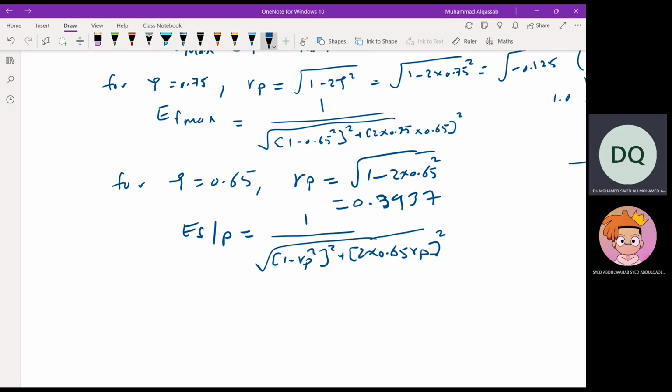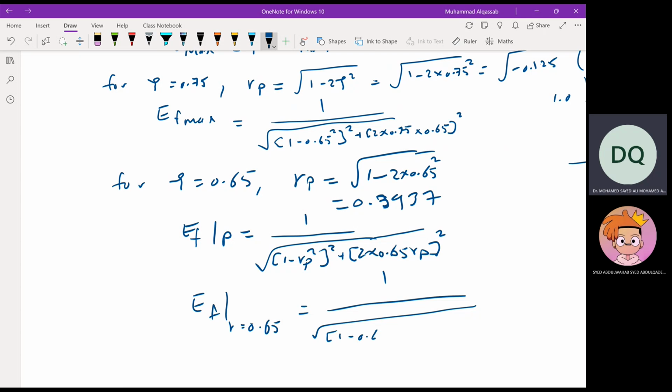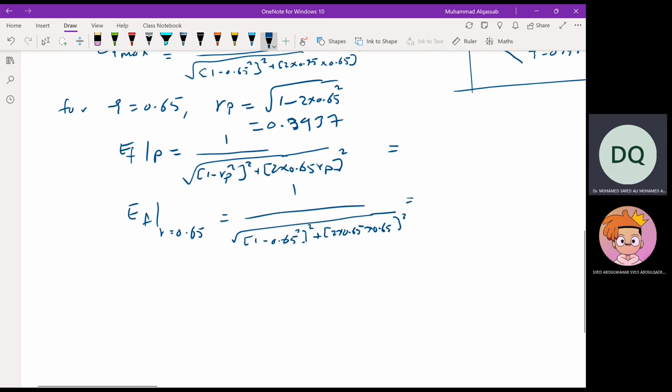And then we find the error factor at R equal to 0.65, which is the end of the range. This is 1 over the square root of (1 minus 0.65 squared) all squared, plus 2 times 0.65, which is zeta, times 0.65, which is R. You check both of them and take the maximum of those two.